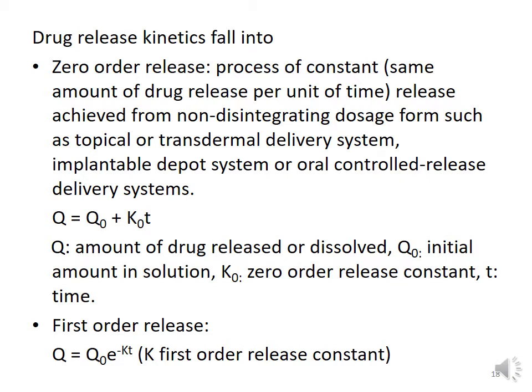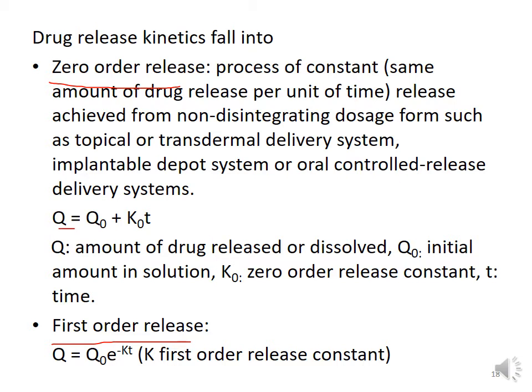Drug release kinetics usually fall into two categories: zero order release and first order release. Zero order release, the process of constant release, which is the same amount of drug release per unit of time, is achieved from non-disintegrating dosage forms such as topical or transdermal delivery systems, implantable depot systems, or oral controlled release delivery.